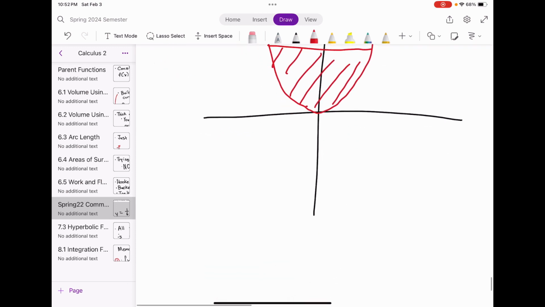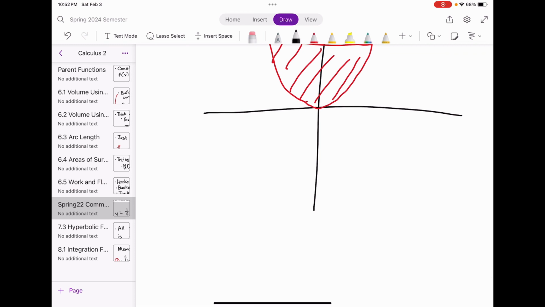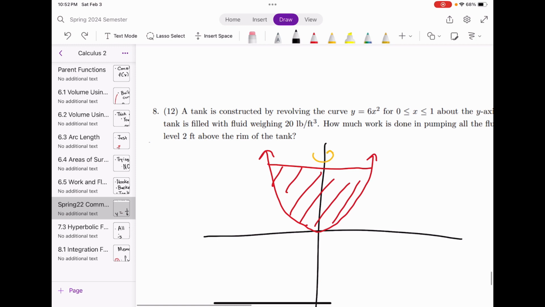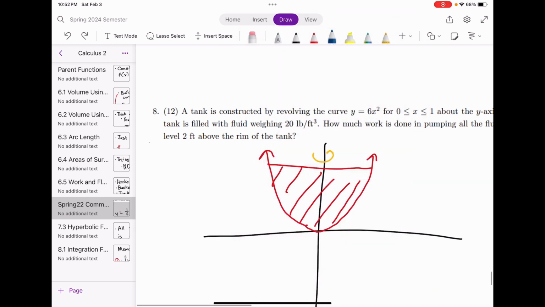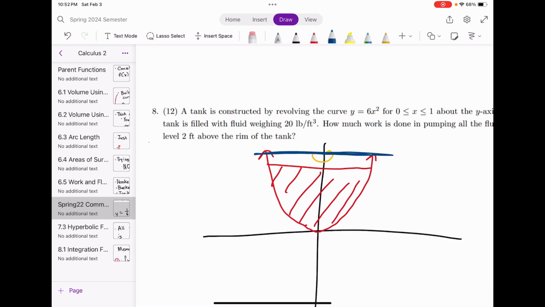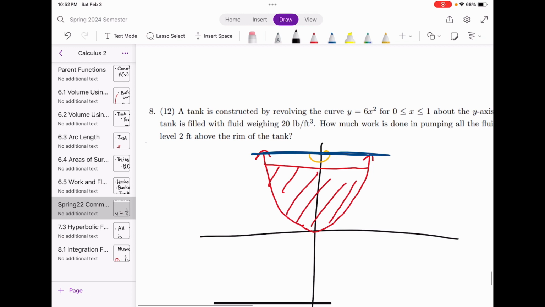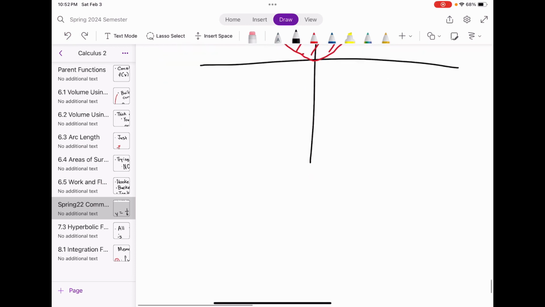Okay, this is our 6.5. That's the stuff over there. I'm going to draw with another line color this thing over here. This is 2 feet above the highest point of the tank. So the tank's highest point is here, and we need to bring it to here. Sounds straightforward.